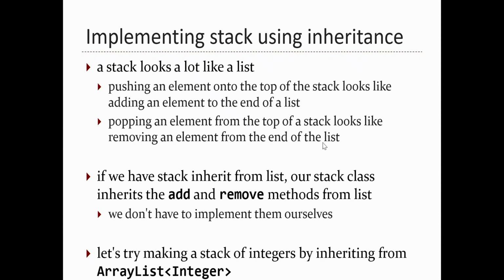And so if you decide to implement your stack this way, I make a stack class, I inherit from list, then you almost don't have to do anything to actually implement the stack. So let's make a stack of integer using inheritance. I'm going to inherit from the ArrayList class.